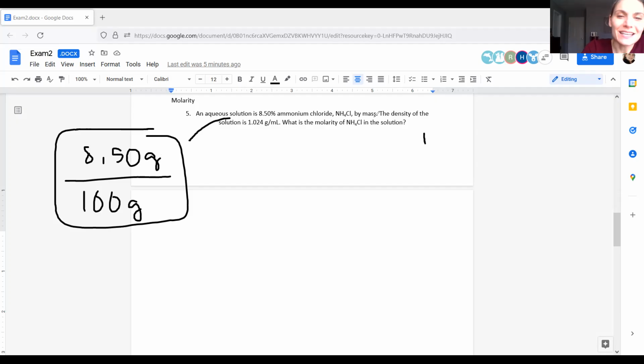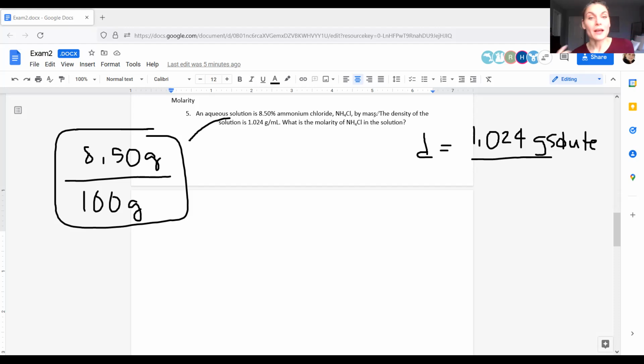They'll say the density is going to be 1.24 grams of the solute over, again, when we think about that, whatever our solute or milliliters are of our solution. And what it wants us to find is the molarity of NH4Cl.